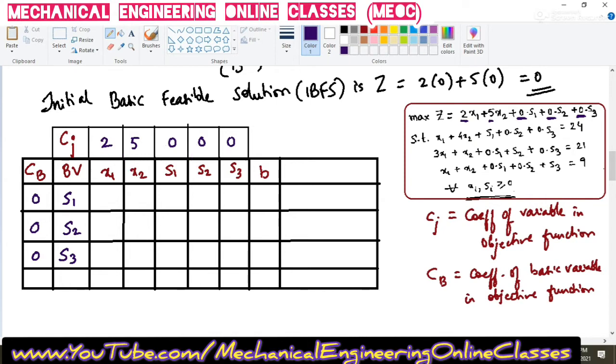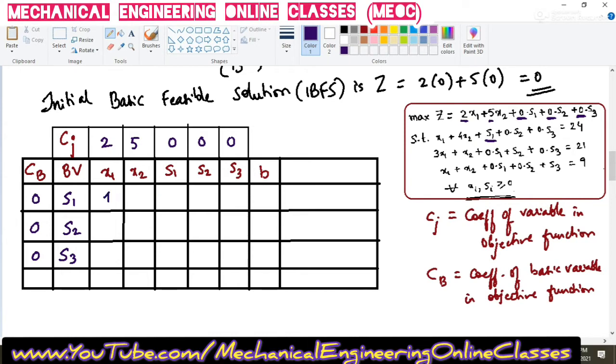Now let us write the coefficients of all these variables that come for every constraint. The first constraint, from where we get the value of s1, let us write these coefficients in this particular table.